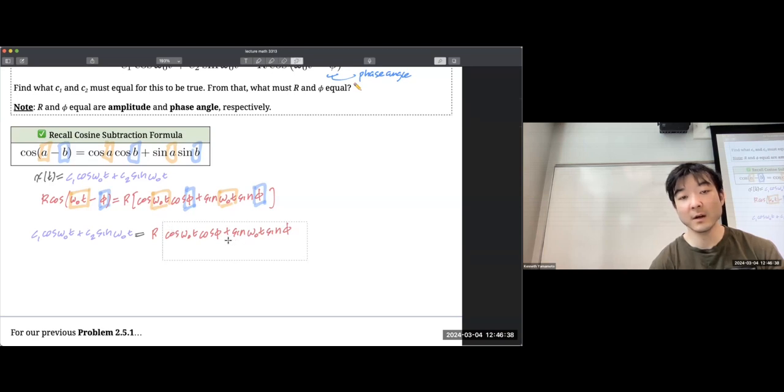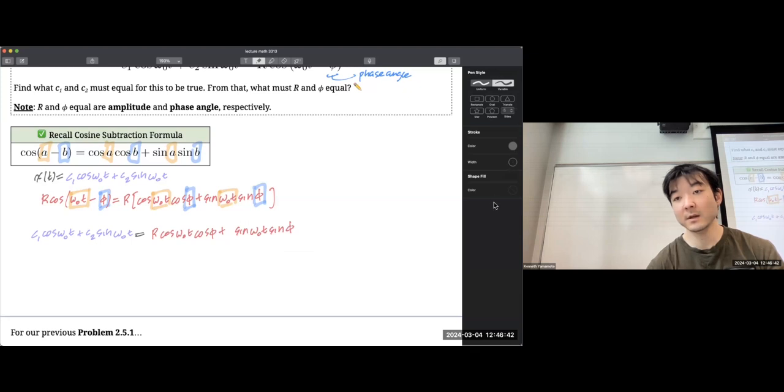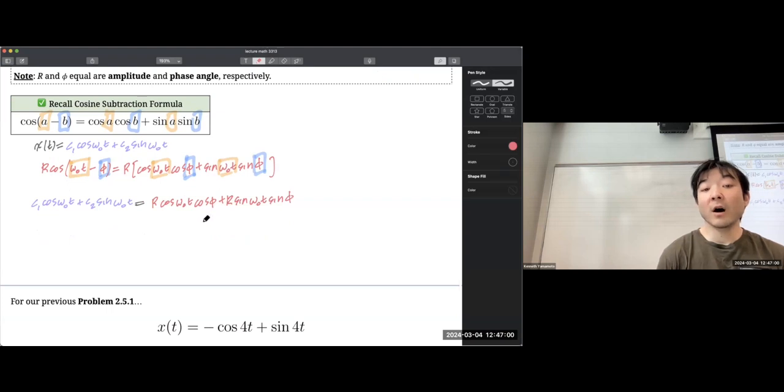It's going to look like R times this, and then I'll move this over. Now I'm going to try to find R and phi that will make this true. It's just going to be matching.